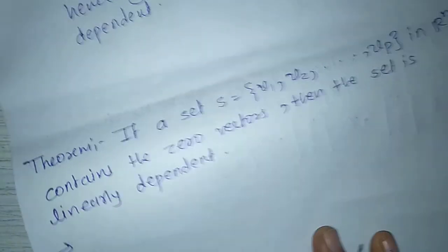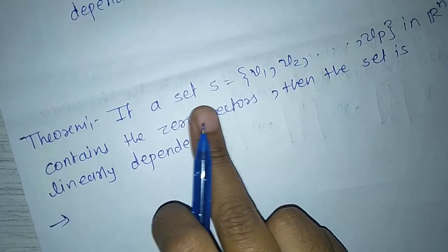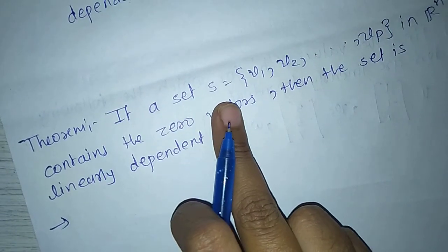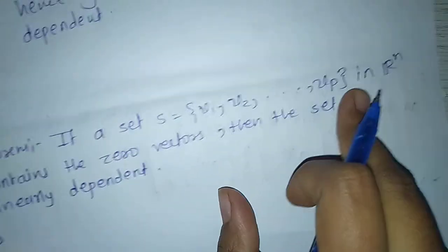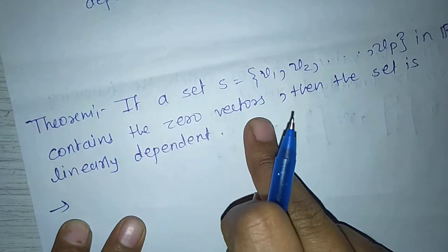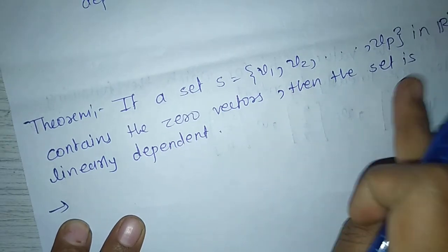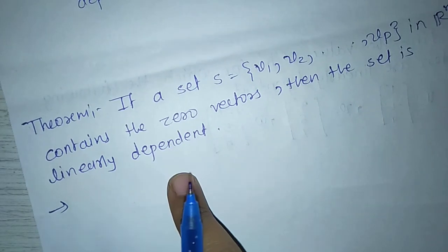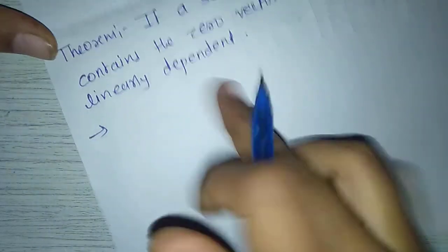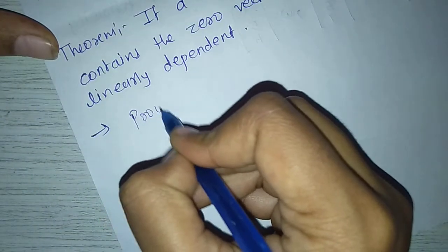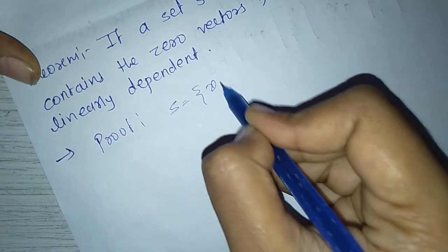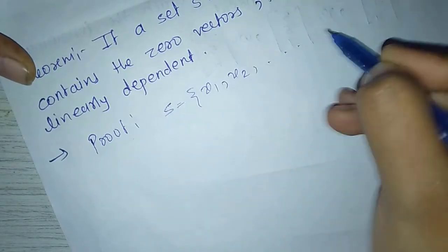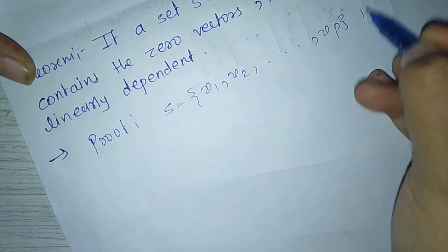Next theorem, if a set S equal to V1, V2 and so on Vp in Rn contains the 0 vector, then the set is linearly dependent. Proof: S equal to V1, V2 and so on Vp in Rn.